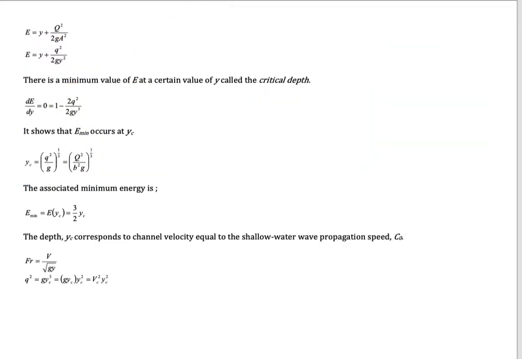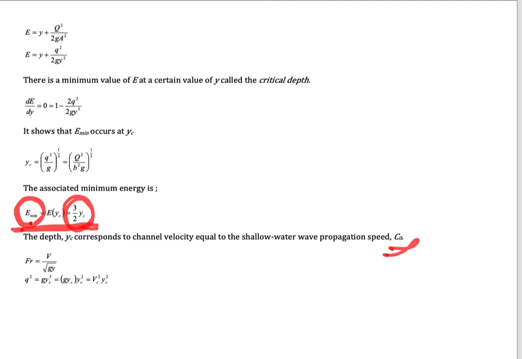And then the idea of minimum energy, according to experimental verification and so on, we find that the location of energy minimum is actually 3 over 2 yc. So this is where the critical location is. The depth yc, the critical depth, corresponds to channel velocity equal to the shallow water wave propagation speed c0.